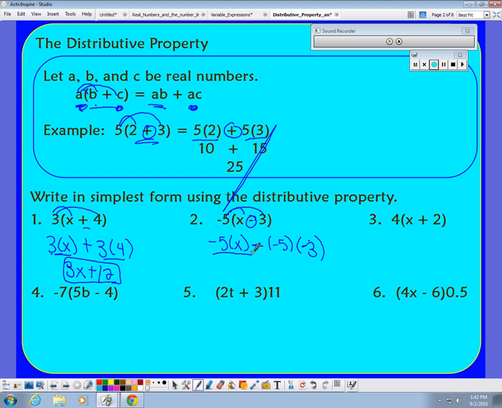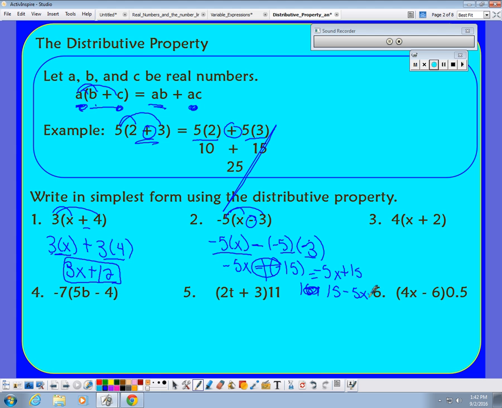So negative 5 times x is negative 5x, minus negative 5 times 3 is negative 15. When we have minus and minus, this turns into plus. Negative 5x plus 15. And we can also write that as 15 minus 5x, either way.